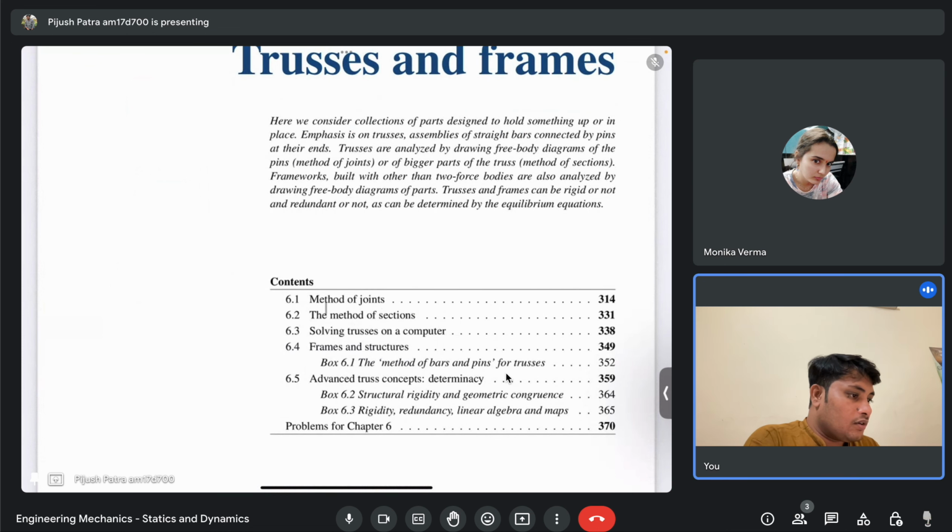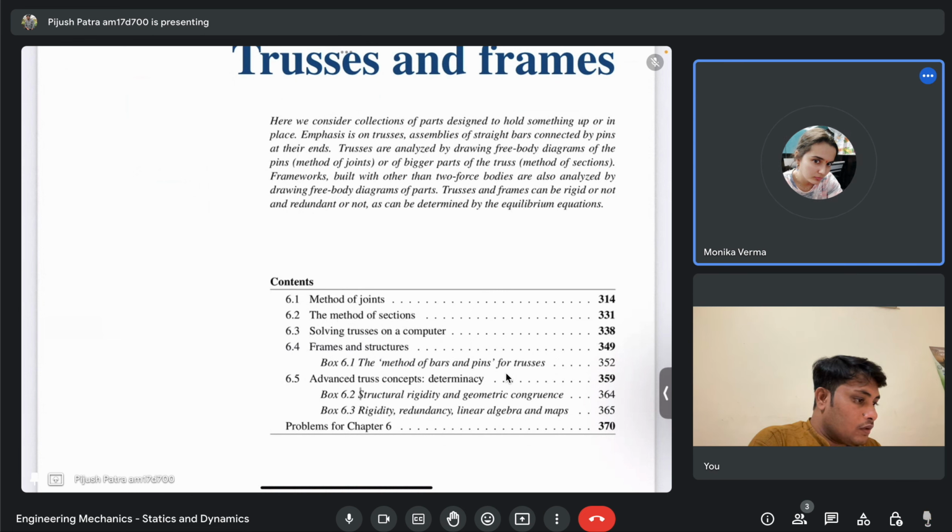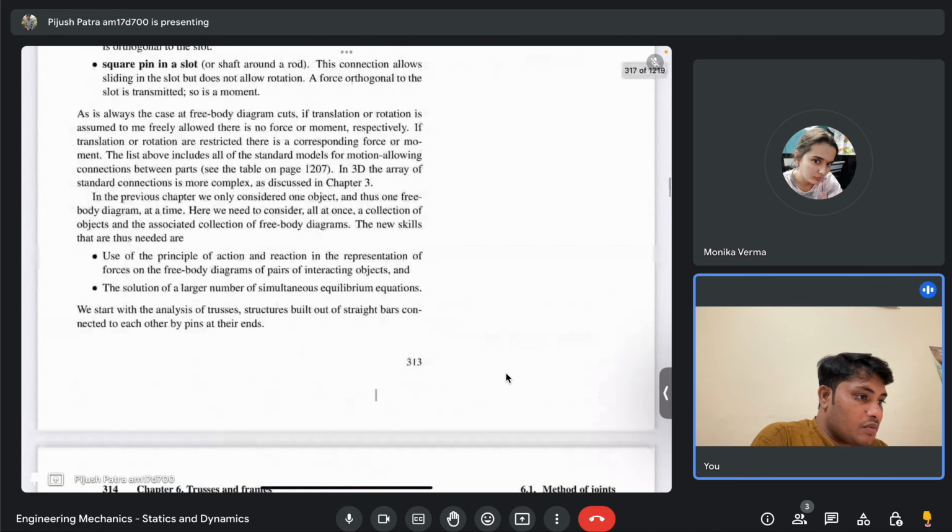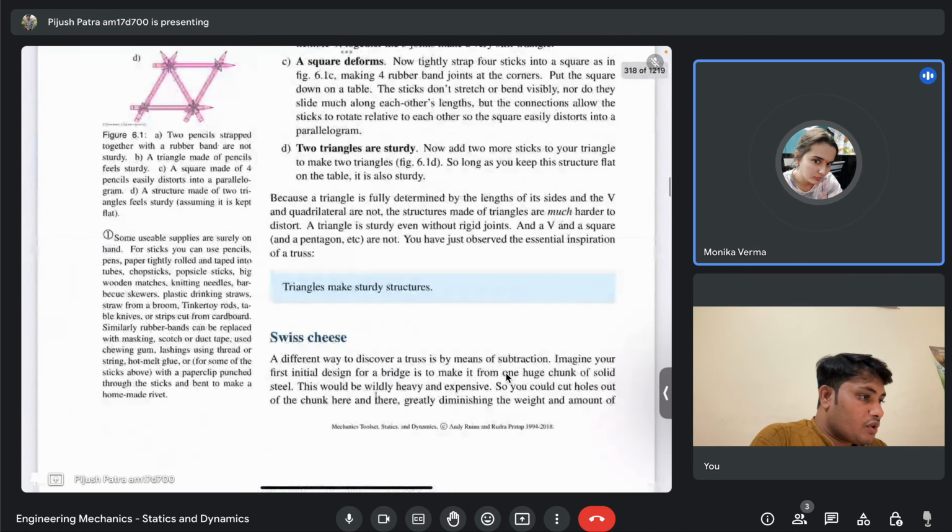See, there is the method of joints, method of sections, and solving stresses on a computer, and the Fremson method, and the more advanced methods. Let me check. I don't think it will be in this book also.